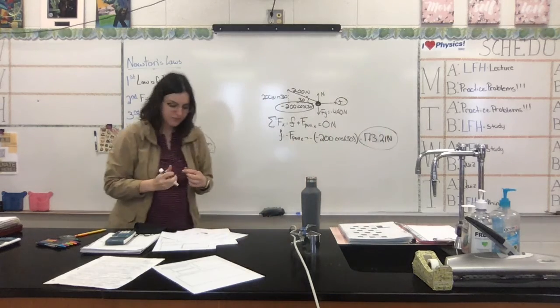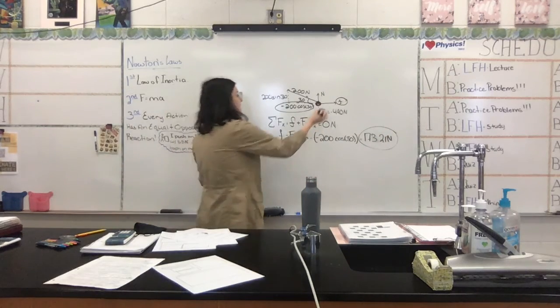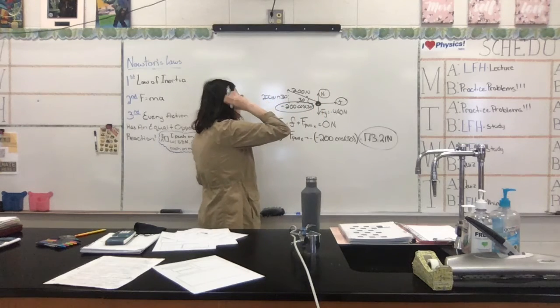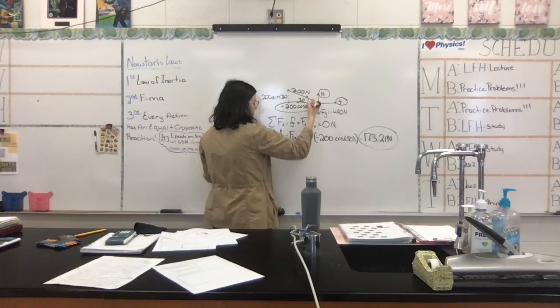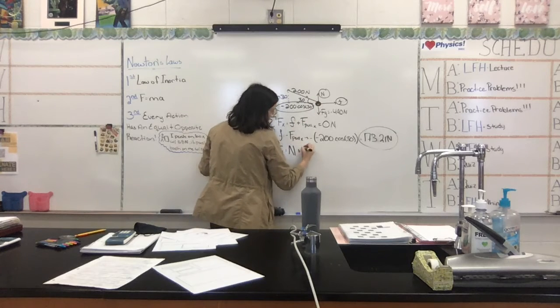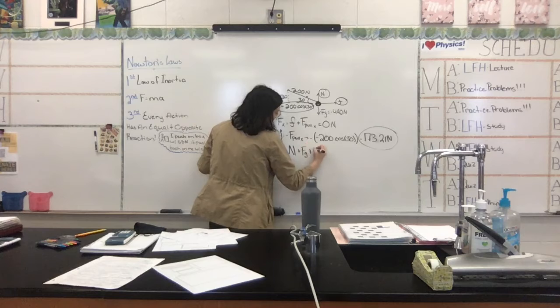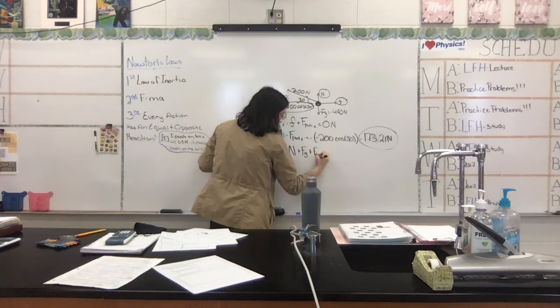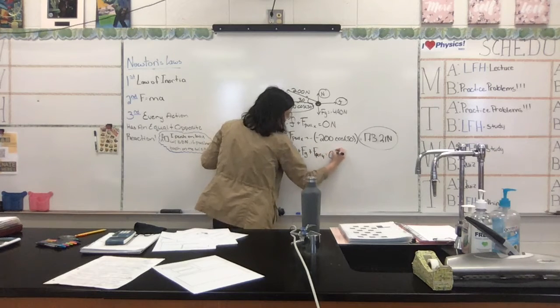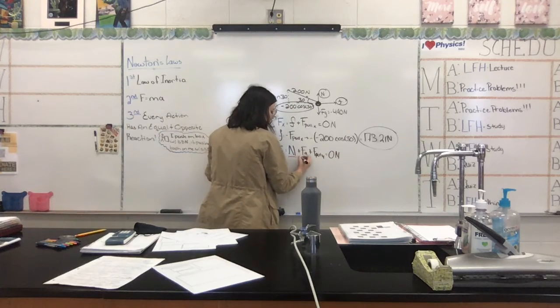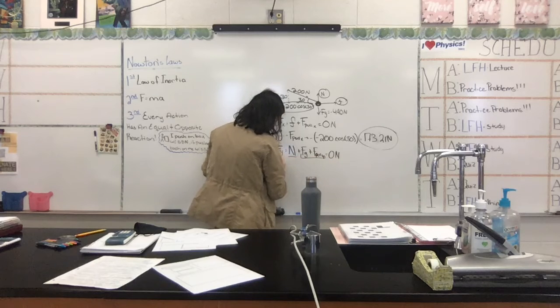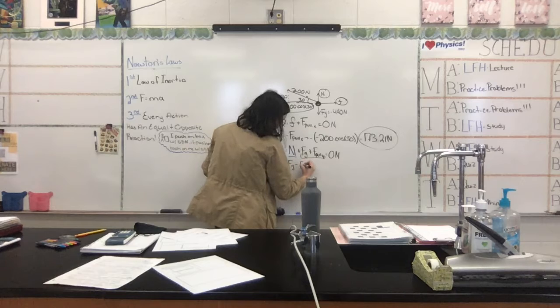All right? Then it wants us to find his normal, which means that we need to sum all the forces in the y direction now since normal is in the y. So we'll have the normal plus the force of gravity plus this pulling force in the y direction, which will all equal 0 newtons. In order to get the normal alone, we need to subtract these other two. So we'll get that the normal is equal to the negative force of gravity minus the force of the pull in the y direction.